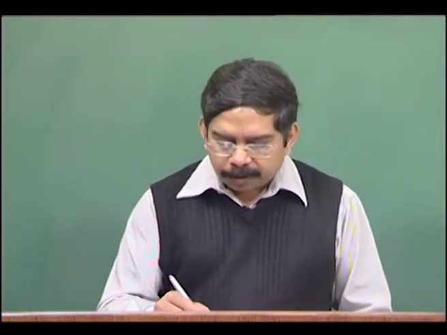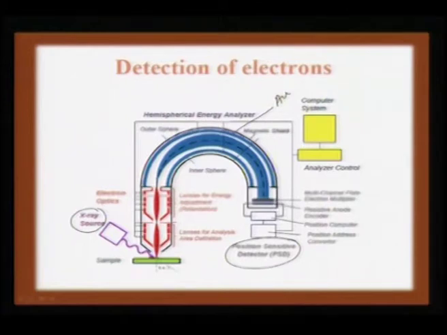So, because we are actually using an analyzer which is gold in this case, since the gold is acting as a reference detector where all the photoelectrons are collected, the work function of the gold is also to be equated or grounded to the sample.